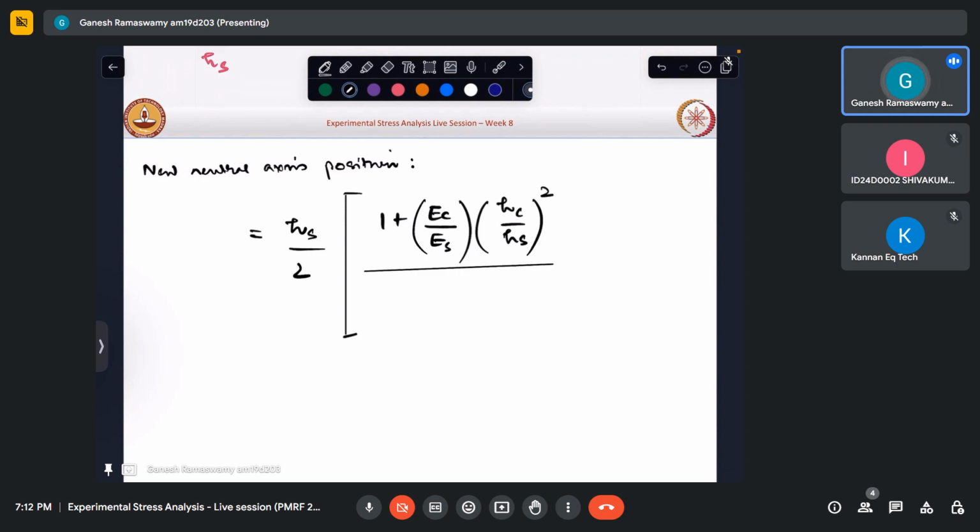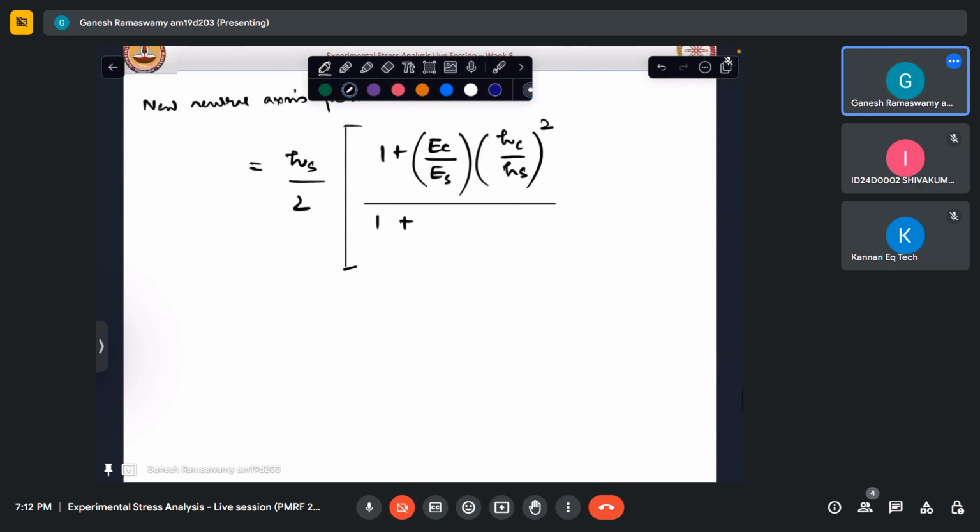So this is the actual position of the neutral axis from the top fiber.